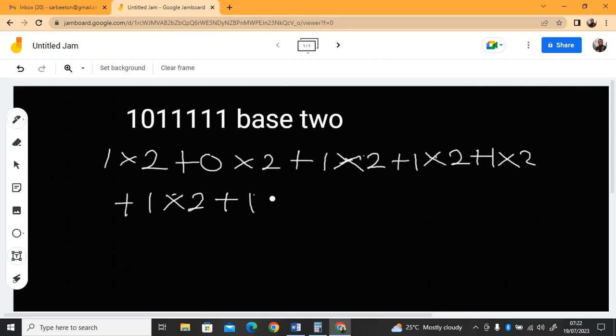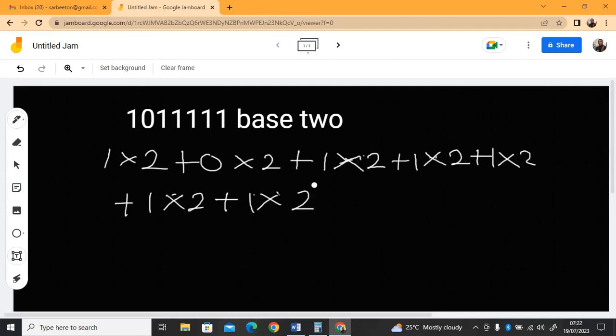So 1 times 2. Now, the next thing you're going to put, as I told you when we did the expansion, you start from the back, where you had a 0.